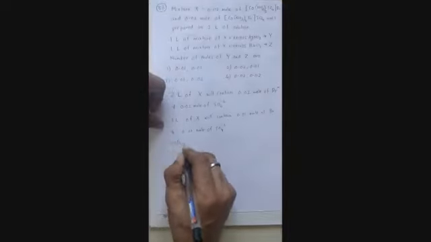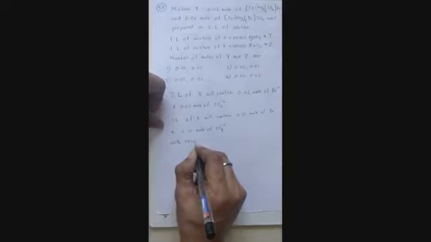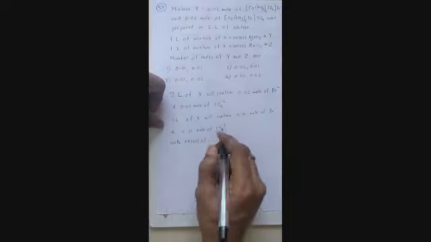Correct? Now when this is treated with excess of AgNO3, what will we get? AgNO3 and Br minus will get 0.01 mole of AgBr. And that is your Y here. Correct? Is formed.